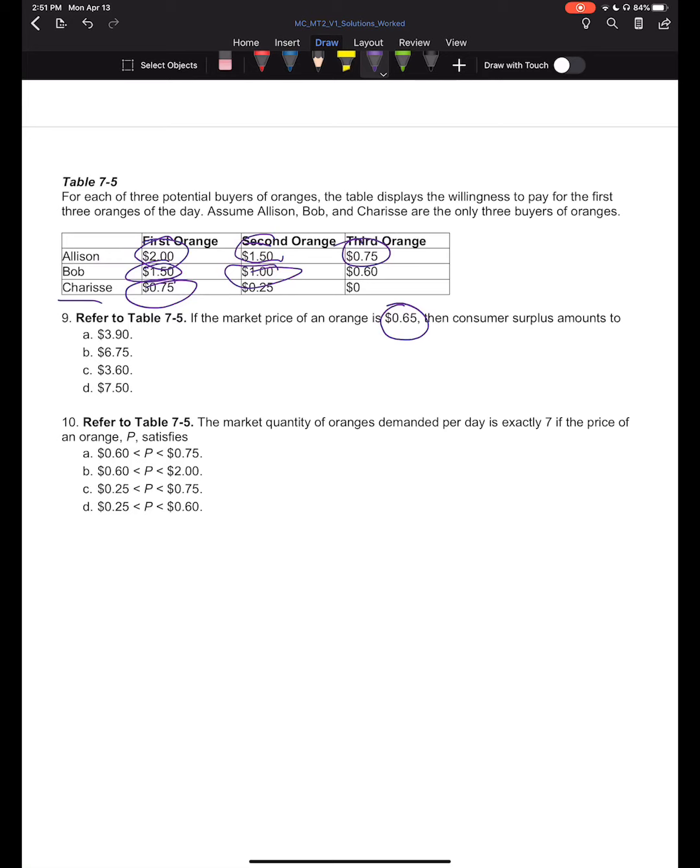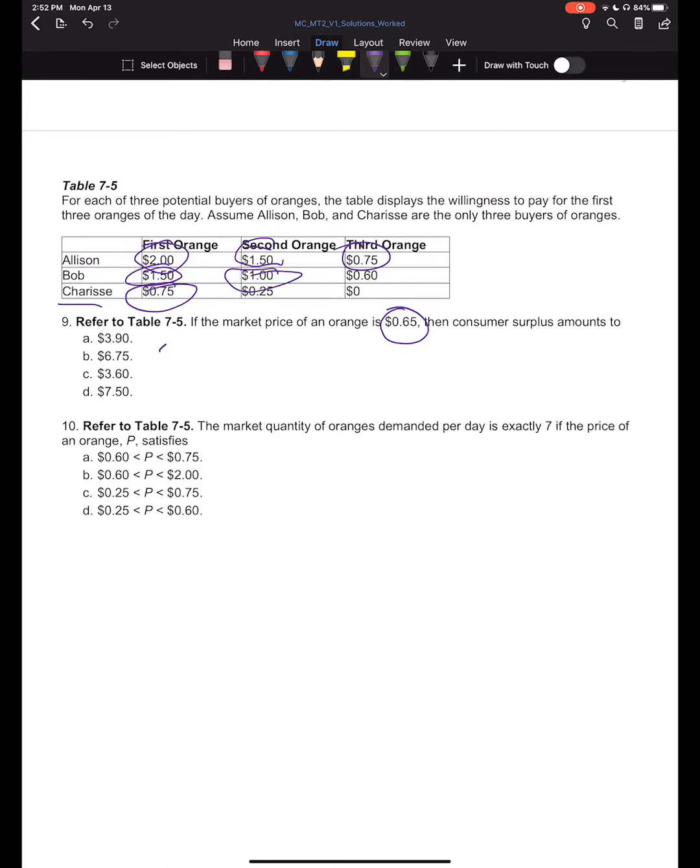For the first one that Allison consumes, we can do the $2 minus the 65 cents plus the 1.50 minus the 65 cents she has to pay plus the 0.75 minus the 65 cents she has to pay.